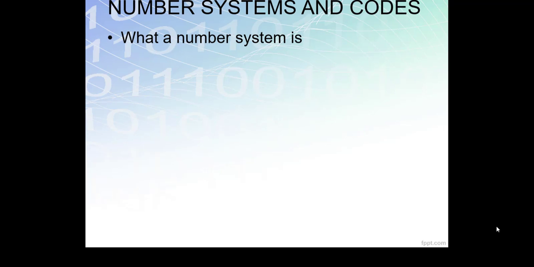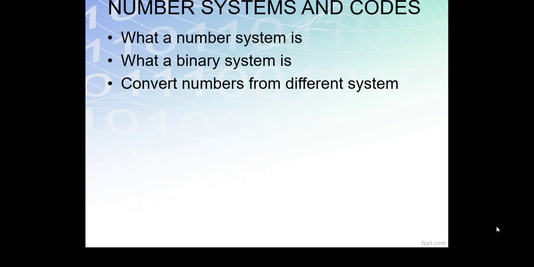So with this idea, next we have to move to the first topic. What is that? Number systems and codes. Under this topic, what did I say? Here we are going to study what a number system is and what a binary number system is, how to convert numbers from one system to another, for example decimal to binary and binary to decimal, like that.